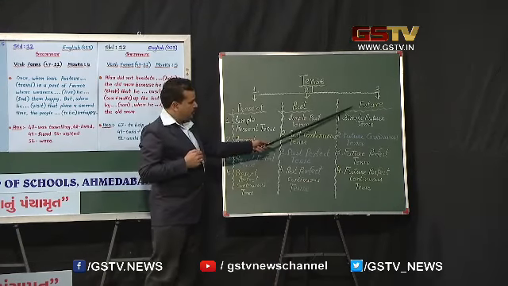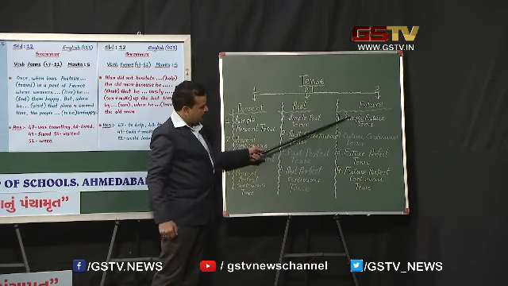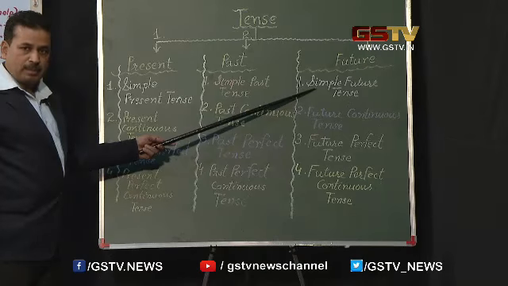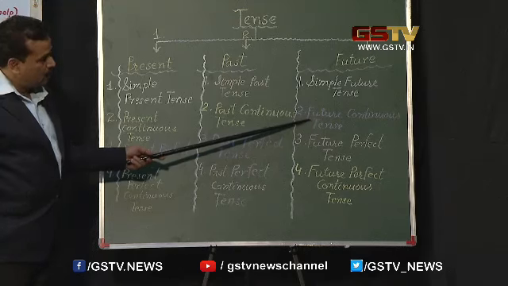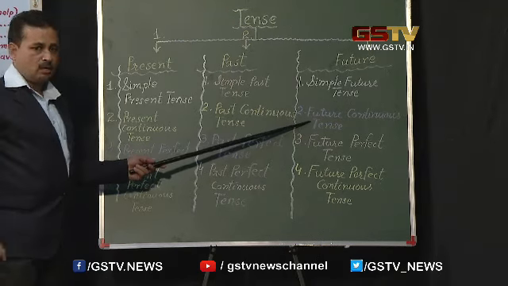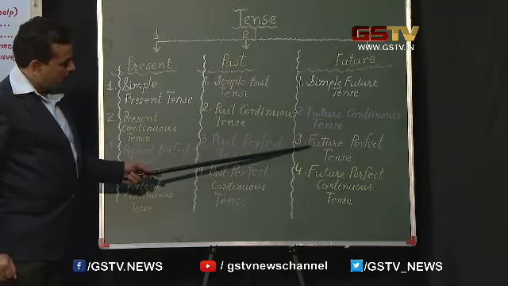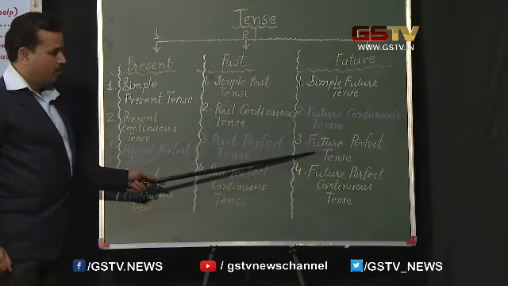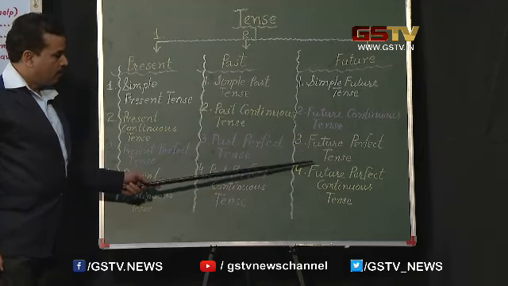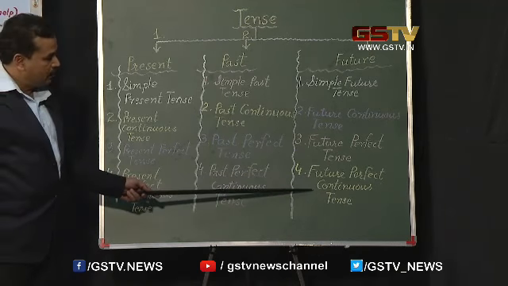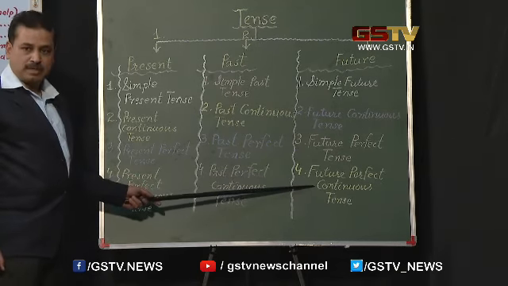Now, please see future. Simple future tense: will, shall plus be plus past participle. Once again please keep in mind, future continuous tense cannot be changed into passive voice. Third one is future perfect tense: will have, shall have plus been plus past participle. The last one, future perfect continuous tense, cannot be changed into passive voice.